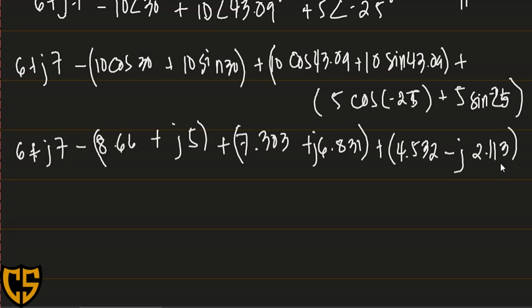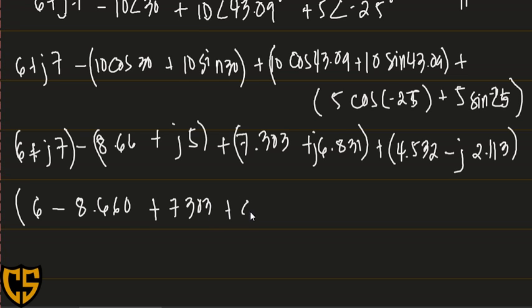Next, we can combine the real part to real part, imaginary part to imaginary part. So for the real part, we have 6 minus 8.660, distribute the negative, plus 7.303 plus 4.532.